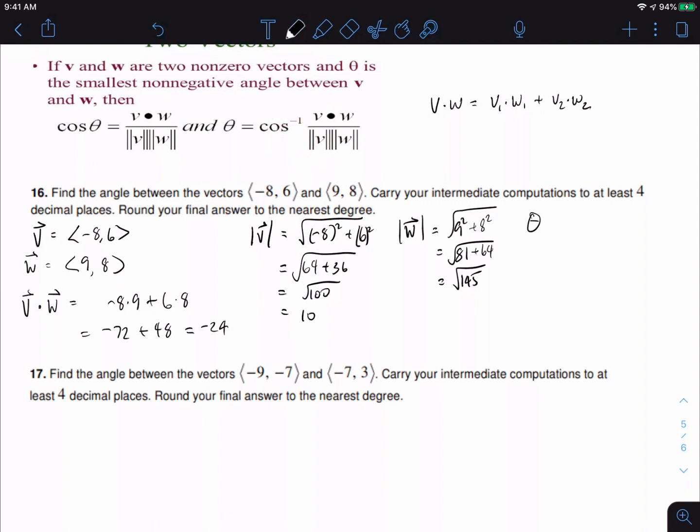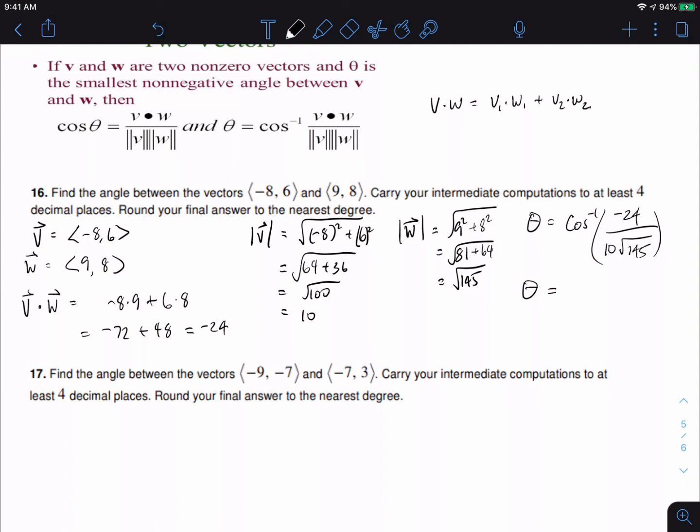So I'm going to go theta is equal to cosine inverse of the dot product, which was a negative 24, over the product of the two magnitudes. So 10 times the square root of 145, and then that should give me my angle. Okay?